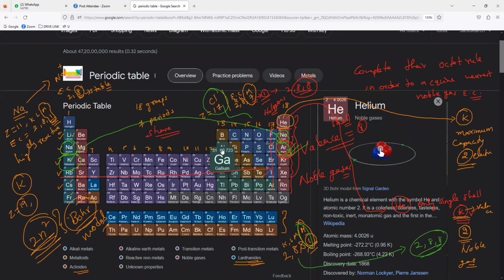The green ones are post-transition metals. The brown ones are metalloids. These colors are reactive non-metals. The last group we call noble gases, and this one we call lanthanoids.